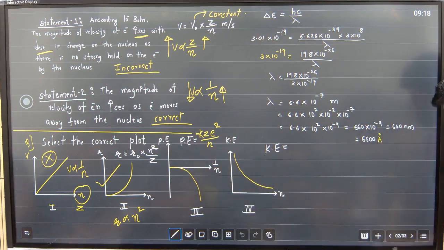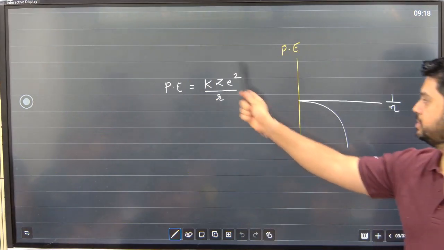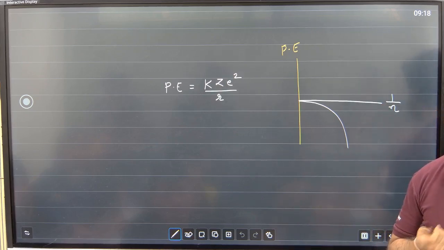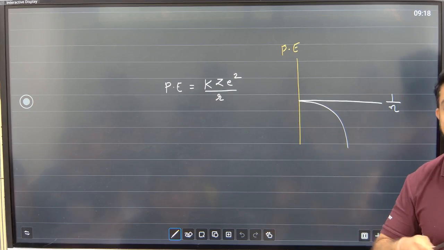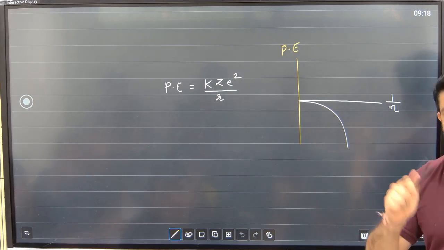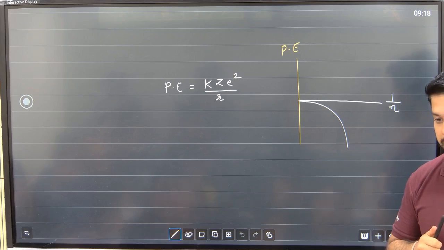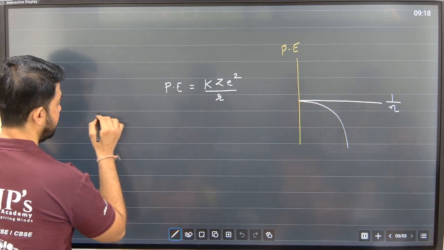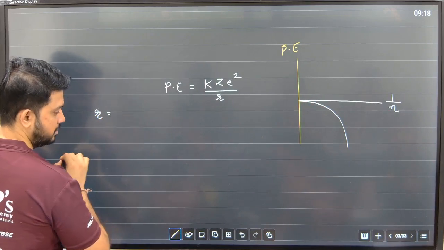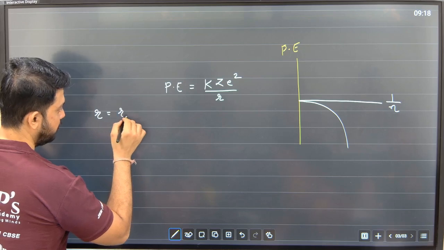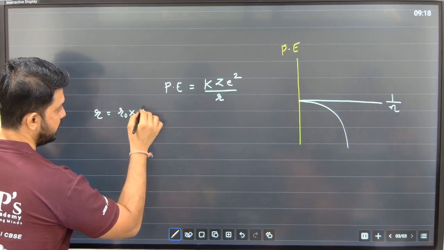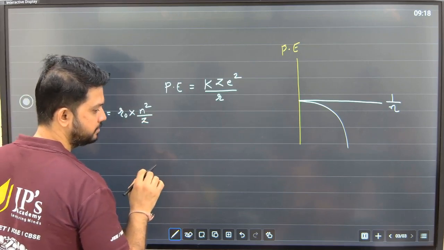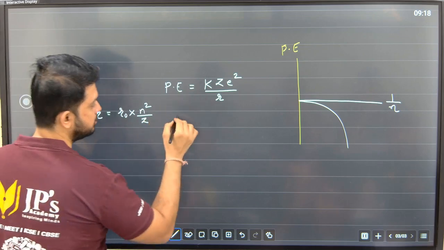There's nowhere यहाँ के formula में do you see anywhere n? Yes or no? There's no n. But we can find or we can replace a particular quantity by n. R can be replaced by, what is the formula for R? R naught into n square over z. Yes or no?